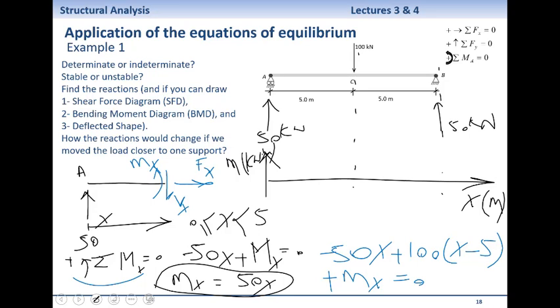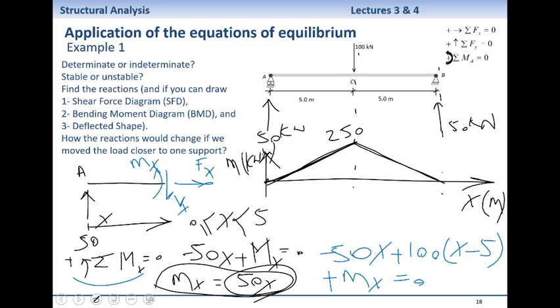So for x equals 0, it's 0. For x equals 5, it's 50 times 5. So it goes up linearly because this is a linear equation. It's a straight line increasing from 0 to 250. And I don't write the units there again because on my coordinate I've already mentioned it's kilonewton meter. If you use the second equation, you will see that it starts from 250 and it goes back to 0.